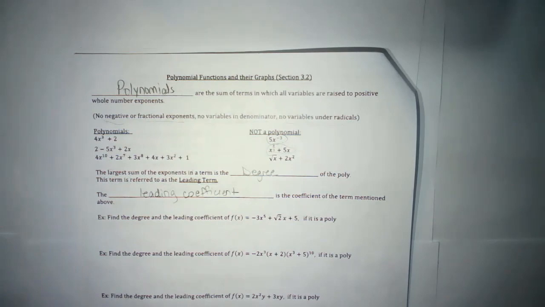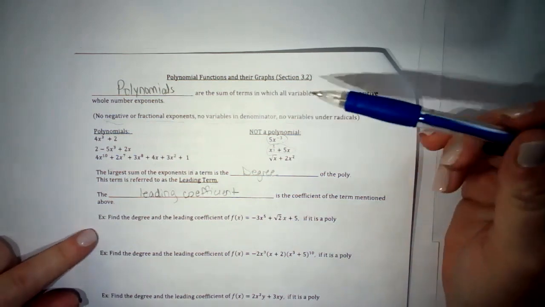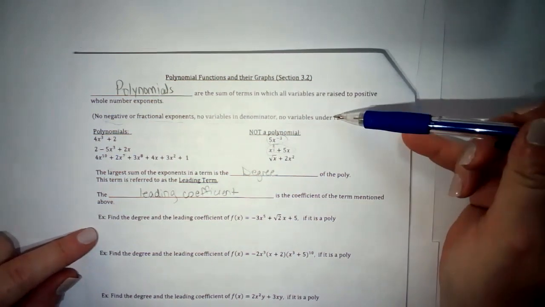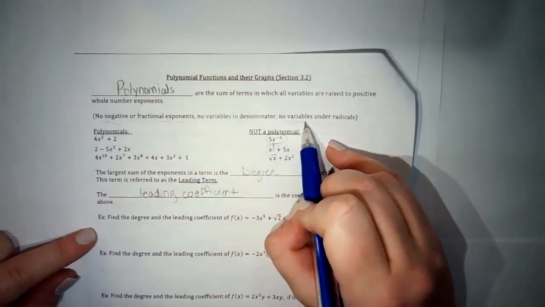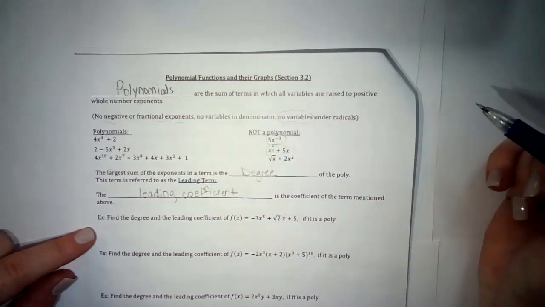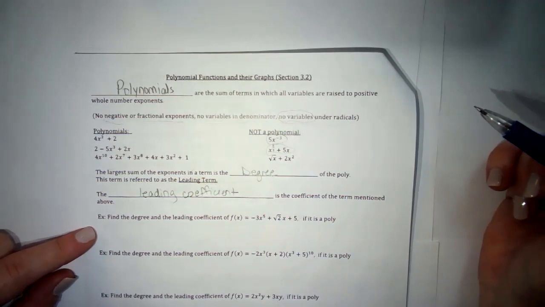Okay, so now we're just going to do some examples here. So first of all, it's going to ask, is it a poly, before we go any further. Then we're going to find the degree of the equation and the leading coefficient. Now be careful on this first one, because we said no radicals, but if you look closer, it says no variables under the radicals. So we can actually have a radical, we just can't have an x under it, okay?